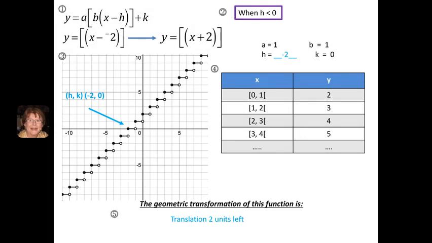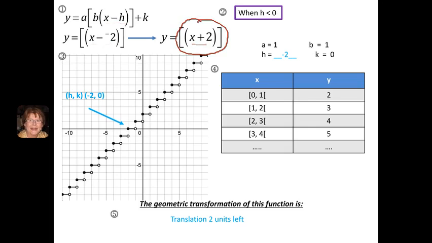We say this is a translation 2 units to the left. Now, I want you to be careful with the rule. I want to focus on the rule here. Remember, it's x minus h. If you're going to subtract a negative number, it becomes plus. So don't be caught by thinking that if the rule is given to you, that your h is a positive value.